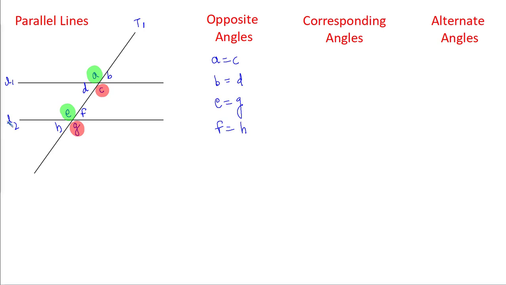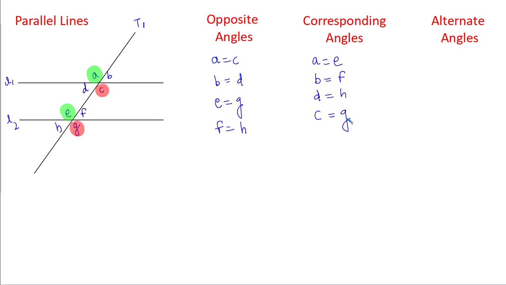Let's have a look. Angle A is equal to angle E. After that, angle B is equal to angle F, then angle D is equal to angle H, and then angle C is equal to angle G. So these angles are called corresponding angles.